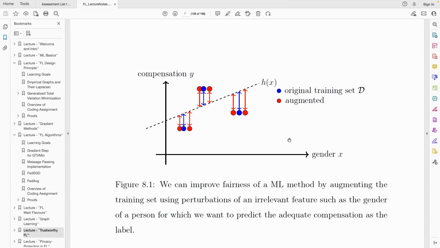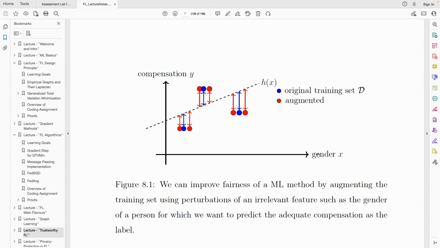So credit score prediction. And here we could ensure fairness by data augmentation. I have some training data for which I know what we should offer as compensation, and this is based on some features. Then we want to make sure that this prediction does not depend at all on, for example, only the gender.